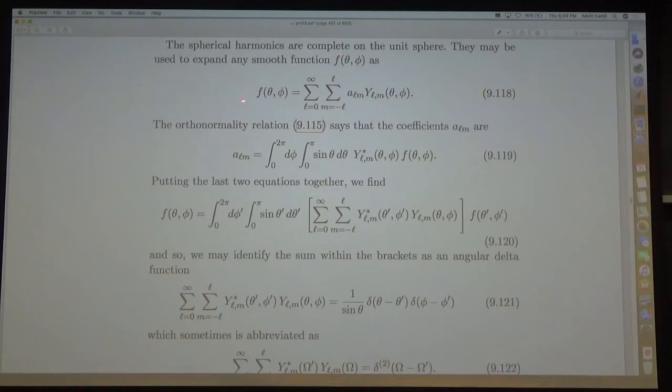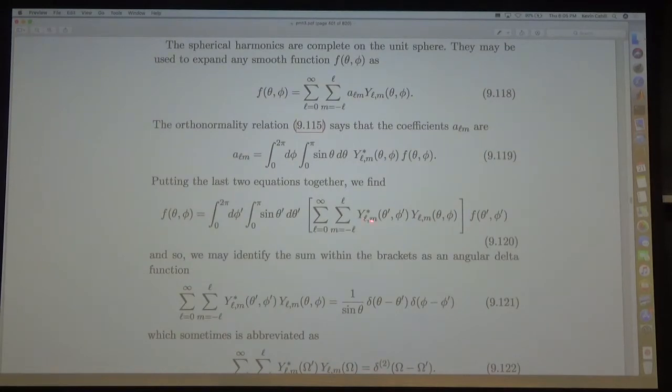Anyway, we can expand them as a series in the spherical harmonics. And then if we use the orthogonality of the spherical harmonics, we can compute the coefficients in this way. And if we combine these two equations, that is to say, if we take this equation and substitute for the ALMs, we get this expression here.